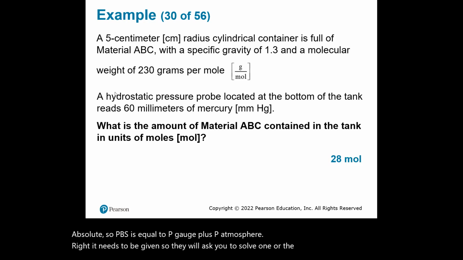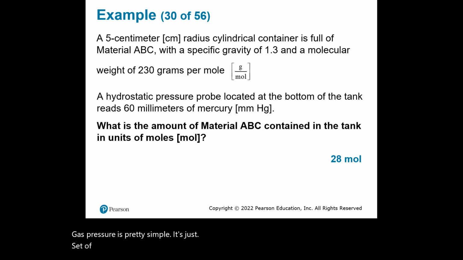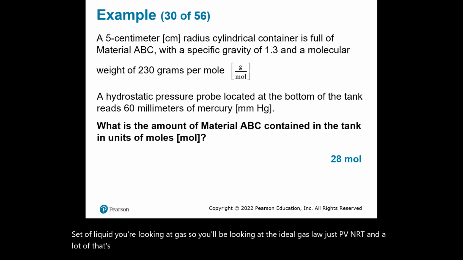I'm not going to do gas pressure. Gas pressure is pretty simple. It's just instead of liquid, you're looking at gas. So you'll be looking at the ideal gas laws, where PV equals nRT, and a lot of that's just plugging in.